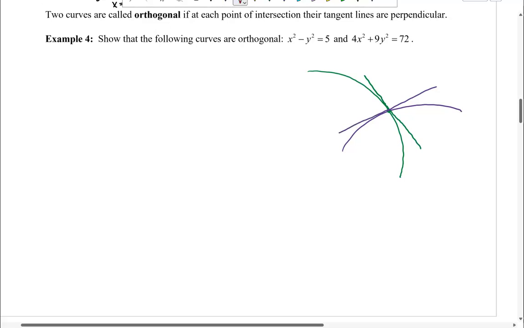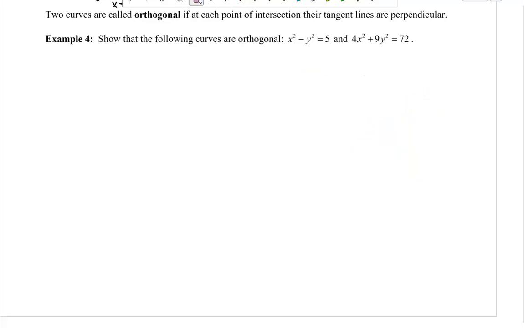If these tangent lines are perpendicular, then we say that the curves are orthogonal at this point. However, if the two curves are orthogonal at all of the points of intersection, then we say that the curves are orthogonal.